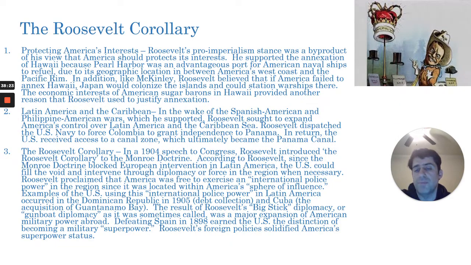But with the Spanish-American War, America defeated Spain, which in 1898 was still a technical superpower, even though the Spanish Navy wasn't as powerful as it had been in previous centuries. It was still considered a global superpower. So by beating Spain in 1898, America earned the distinction of becoming a military superpower, and Roosevelt's foreign policies more or less solidified America's superpower status.